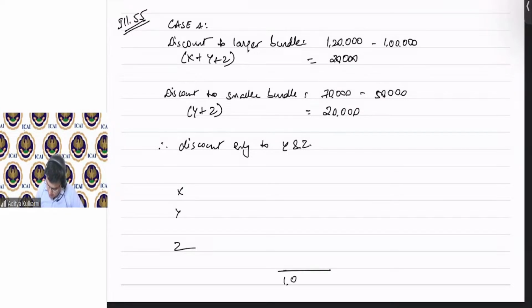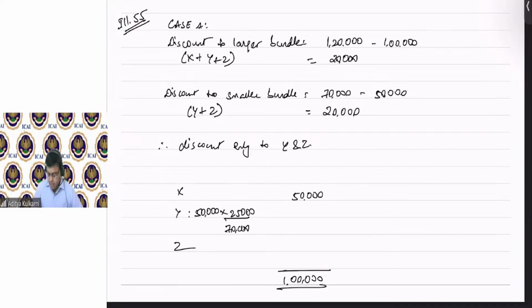Total price is 1 lakh. Now, X is never at a discount, so this will be 50,000. The remaining 50,000, I will allocate it in the ratio of standalone prices of Y and Z. So this will be 50,000 into 25,000 by 70,000.